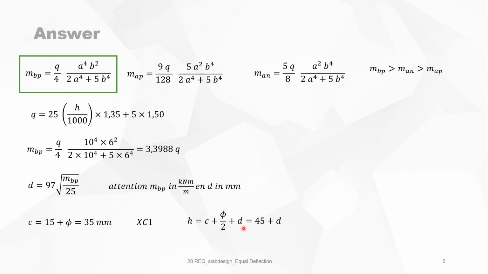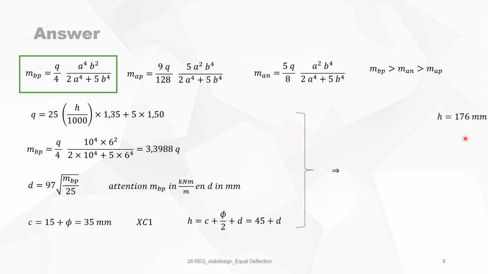Now it's easy. You replace this D by this expression, you replace MBP by this expression, and you replace Q by this expression. Now you got only one equation in H, which is the total depth of the slab, and when you calculate this, you find H is 176 millimeters.